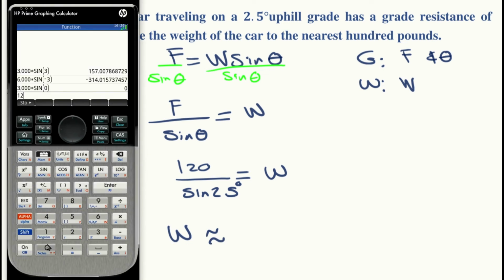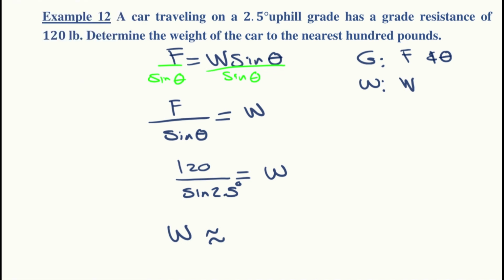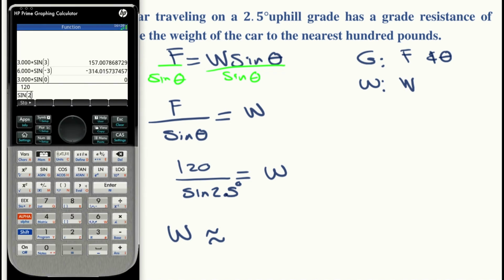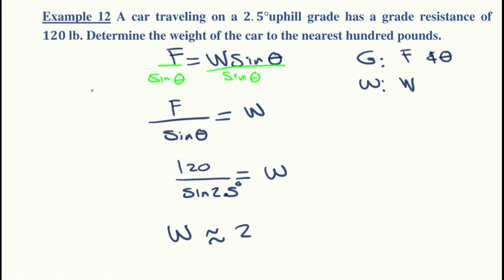So 120, make sure of course you're in degree mode, divided by sine of 2.5, and we end up with 2,751 to the nearest 100 pounds. So notice there's a 5 to the right, so we have to round up. So 2,800, approximately 2,800 pounds is the weight of the car in this scenario.